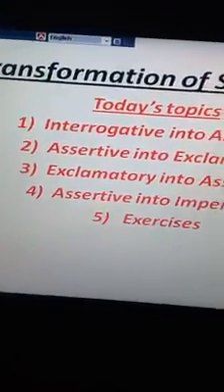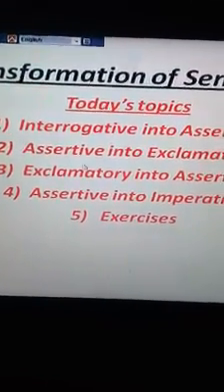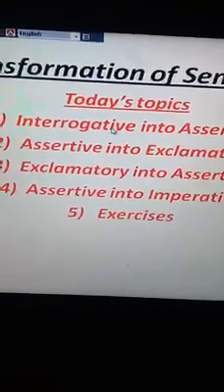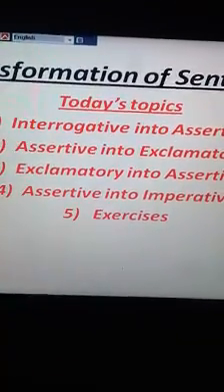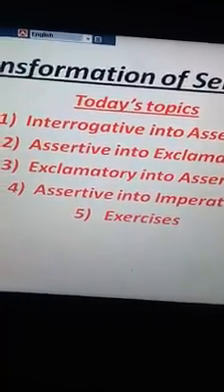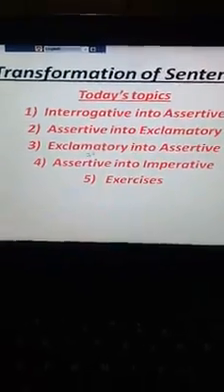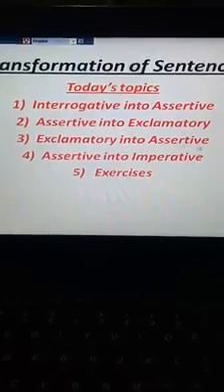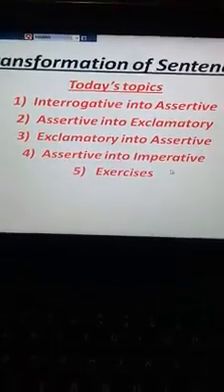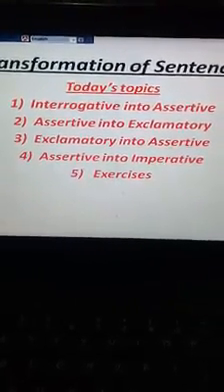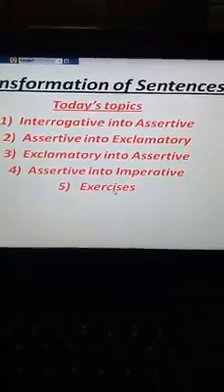And today we will do: number 1, how to change interrogative sentences into assertive sentences, and assertive sentences into exclamatory sentences, and exclamatory sentences into assertive sentences, and assertive sentences into imperative sentences. And at last we will do some exercises.